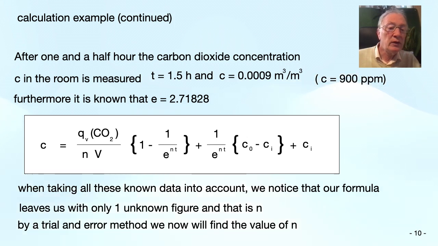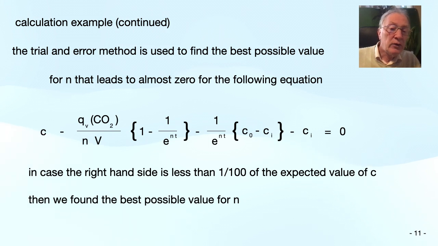And now we say we can find N by using a trial and error method. And how do we do that? We make a formula with all the symbols on the left, and the right hand side then has to be 0. We have an expectation of the concentration that will be between 400 ppm and perhaps 2000 ppm or maybe higher.